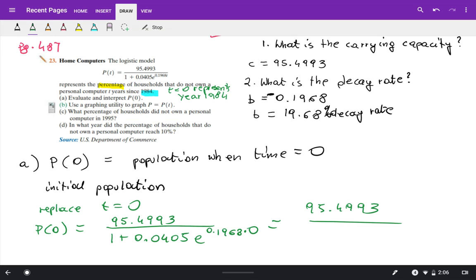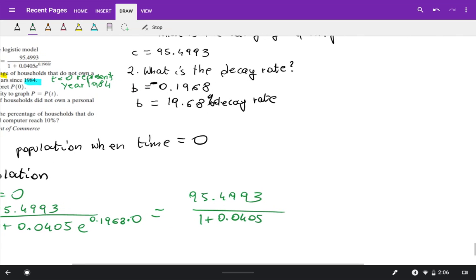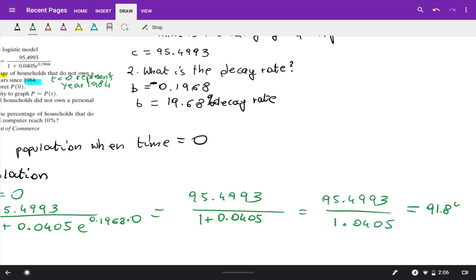So with this logistic graph model, you have to do work to be able to see the initial population. That gives you 95.4993 divided by 1 plus 0.0405, which is 1.0405, and we should end up with 91.8%.